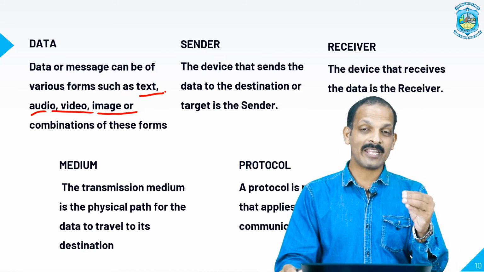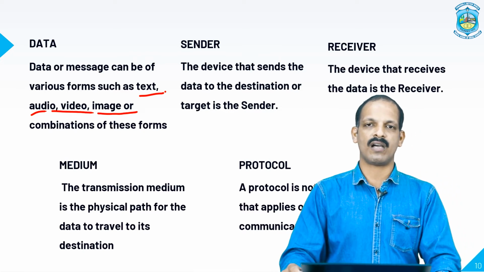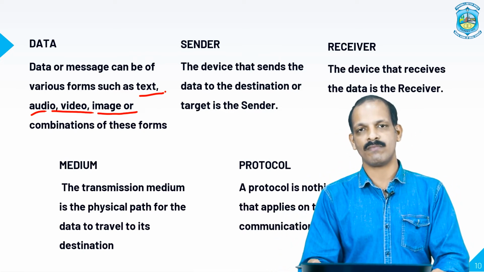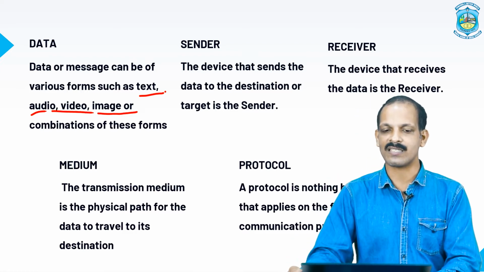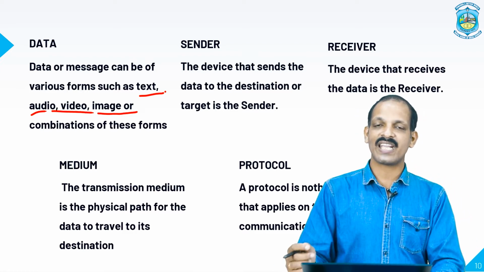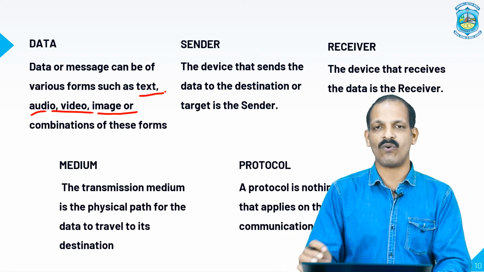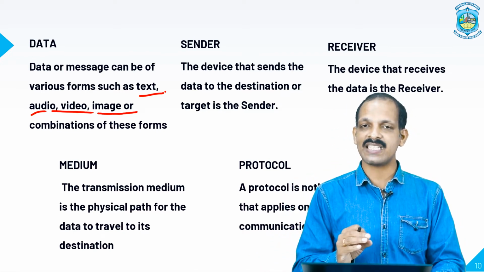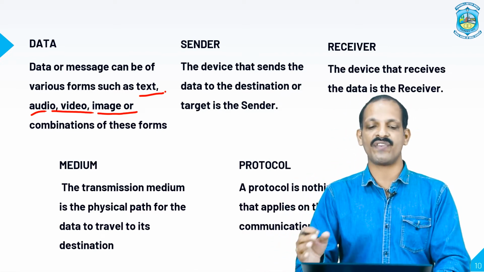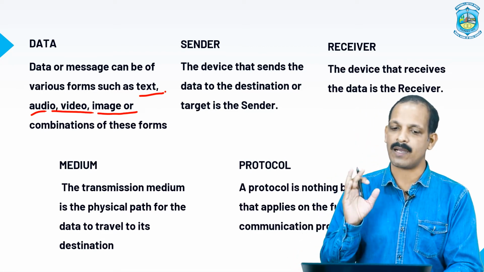Like through an image also we can send some message, or we can type some text material and send it, that is also a message. Even we can send voice messages or video messages. Nowadays through WhatsApp, we use all these types of messages in our daily life. So, all these are considered as data.